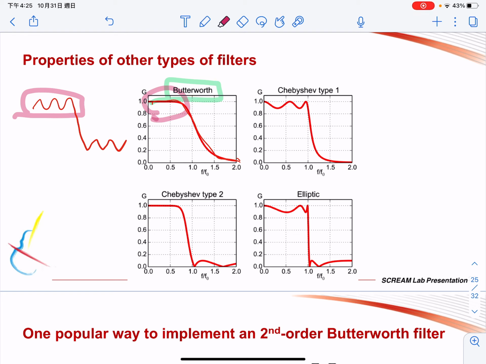And there are other types of filter, depending on which one you want. If you want your passband to be as flat as possible, but you do not care about the stop band, then you can use a Chebyshev filter because it's quite flat here. But if you care about the stop band, then you can use the Chebyshev filter type 1, and this is another filter.